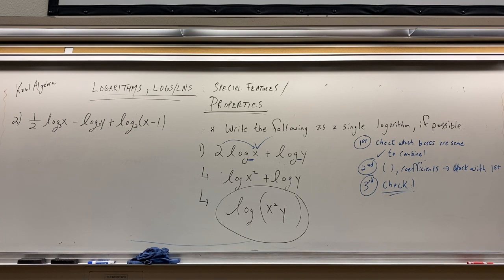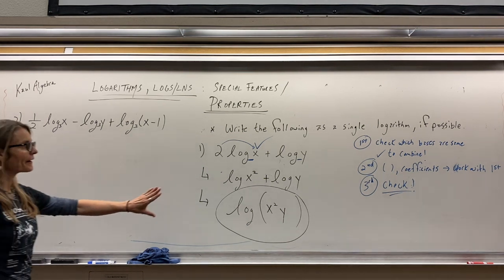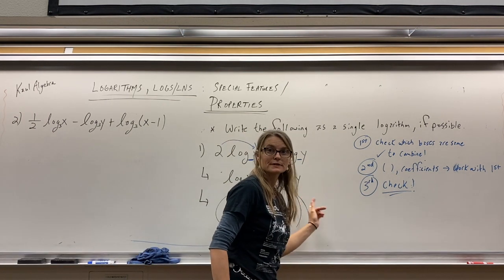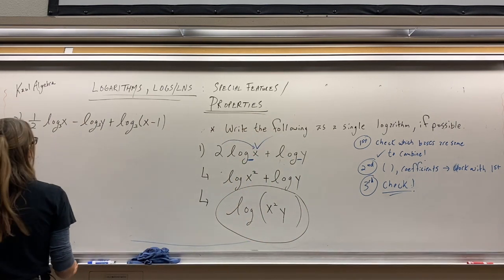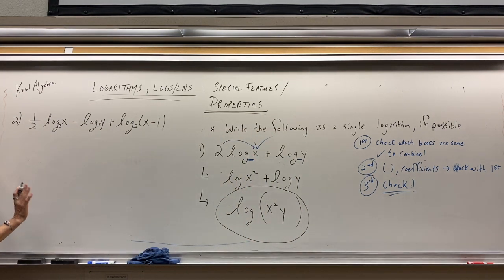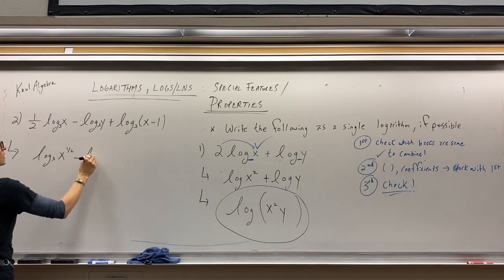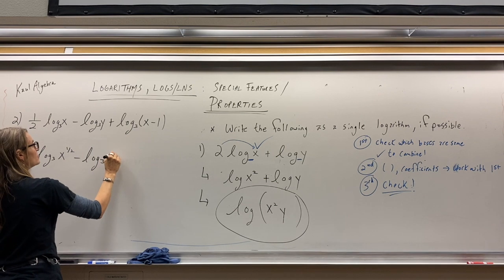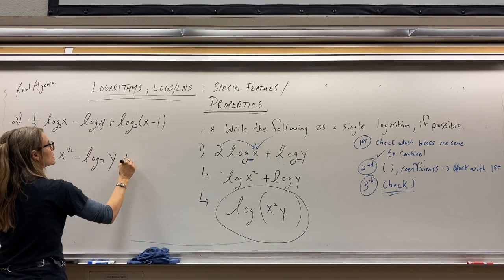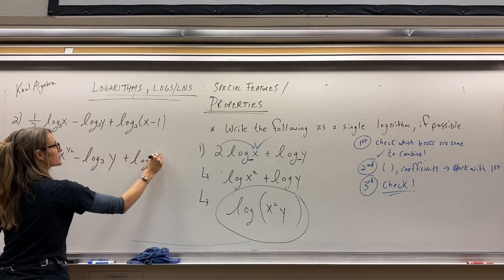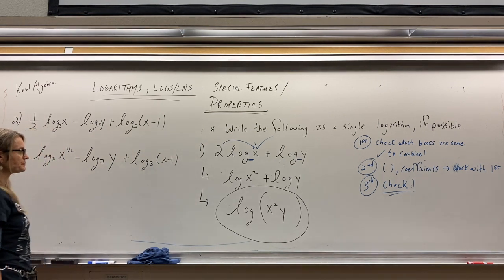So again, by the same guide we followed for the last example, I'll get rid of any coefficients if I have them. So I'm going to rewrite this as log base 3 of x to the 1/2 power minus log base 3 of y plus log base 3 of x minus 1.